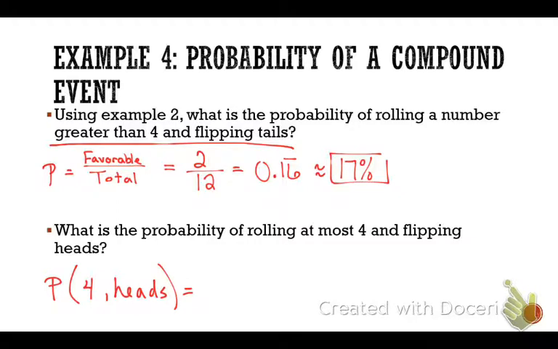Okay, so how many favorable outcomes are there now? 4 out of 12. But you see, guys, it has to be both. It's got to be both outcomes. There's a possibility that I could flip heads and roll a 4. I could flip heads and roll a 3. Those are favorable outcomes. So that's going to be 1/3 or about 33%.